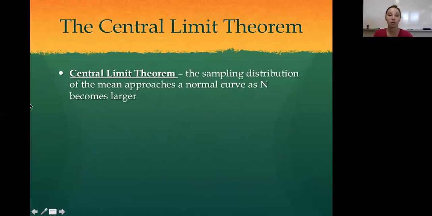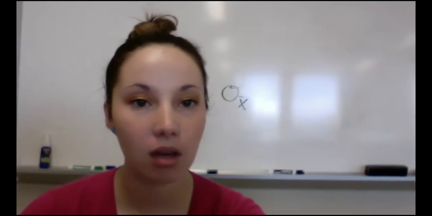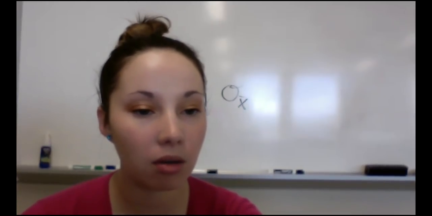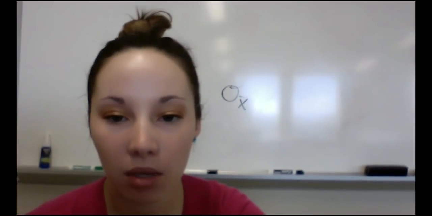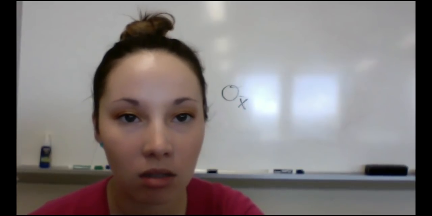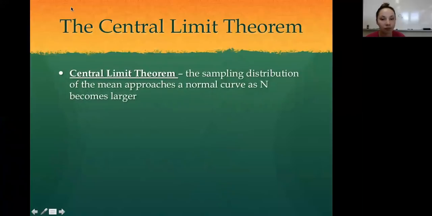This, however, is pretty important. So the central limit theorem is a really interesting phenomenon that happens in statistics. The central limit theorem states that the sampling distribution of the mean approaches a normal curve as n becomes larger.